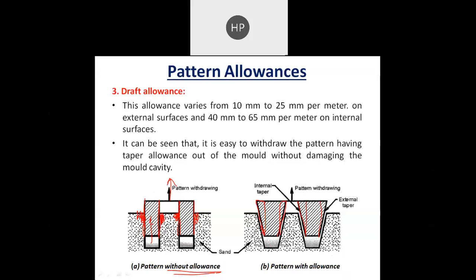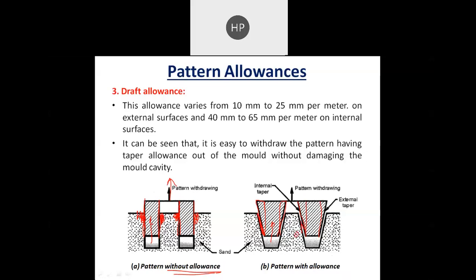There is no contact between the pattern and the sand, so it will be easily removed, with no chance of damage to the sand.